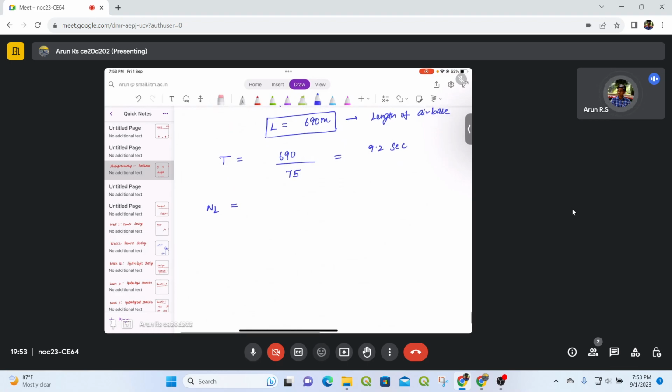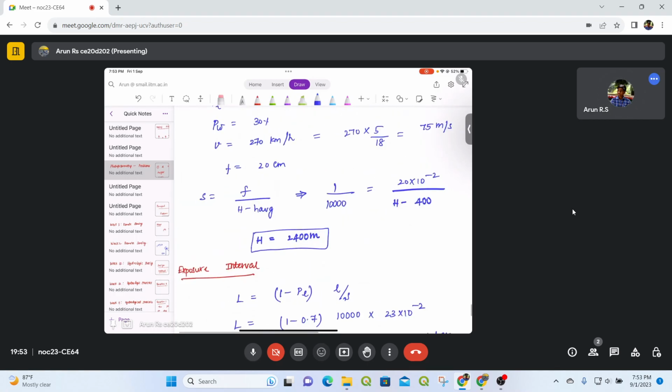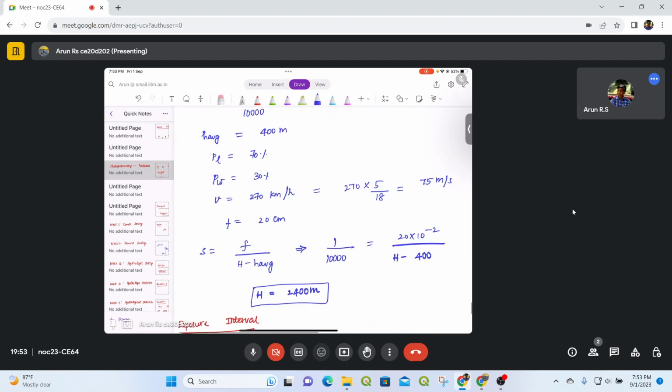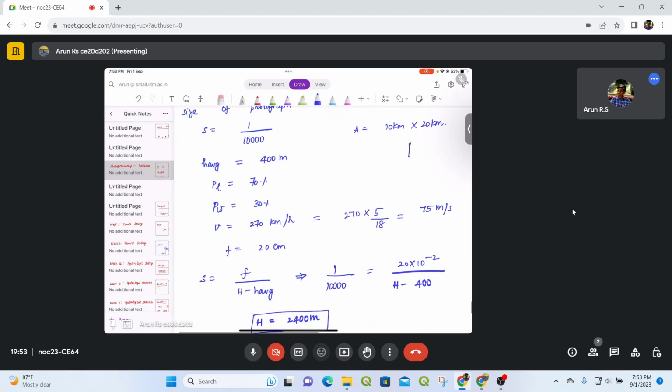Your study area is 10 kilometers by 20 kilometers, your capital A. So let's say this is 20 kilometers and this is 10 kilometers. So this is the direction of the flight.